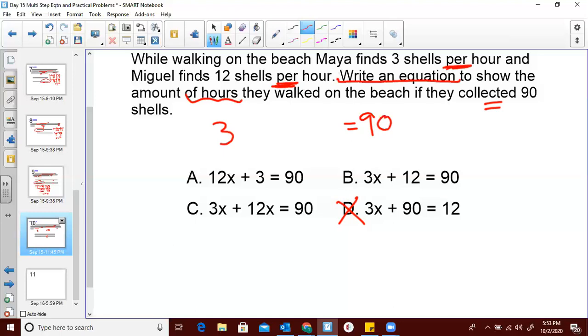Now I know there's Maya and Miguel. They're both finding shells, so I'm going to put 12. But Maya's finding 3 shells per hour, and Miguel's finding 12 shells per hour. So they're both variables. So it's just a little bit different. And you can see that our answer is going to be C.